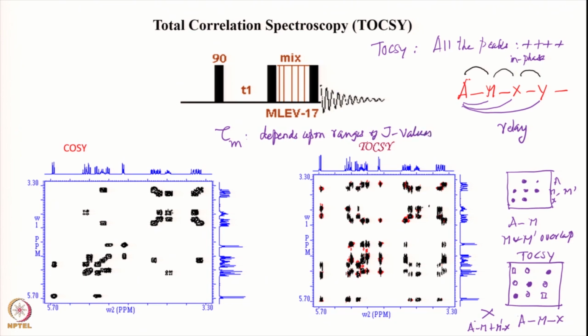So what are the important messages to take here? In the TOCSY spectrum there is a relay of information through the coupled network. All the cross peaks have in-phase character and all of them are absorptive in nature, okay, all of them in-phase absorptive.